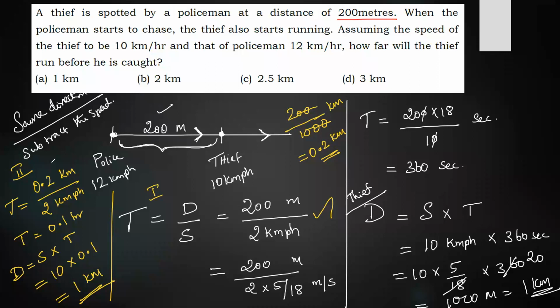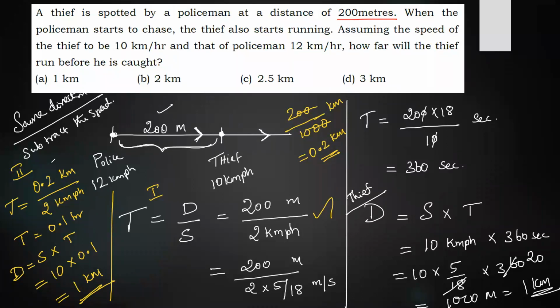The question is distance. Distance equals speed into time. Speed is 10 kilometer per hour, time is 0.1 hour. If you multiply it, you will get 1 kilometer. This is one way. Another way, which one is easier? 0.2 kilometer, right? So make a note of this.